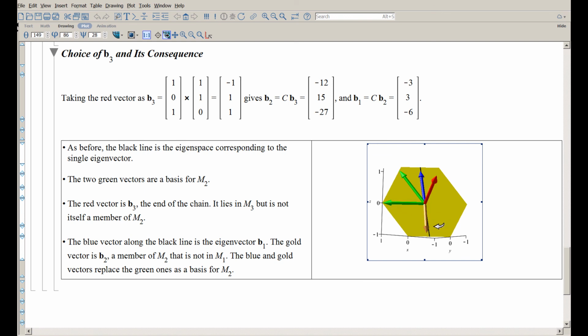The two green ones we throw out. And this vector and this vector constitute a basis for M2. This gold vector is not in M1, but it is in M2. And so those two vectors are appropriate. And the red vector is not in the plane.